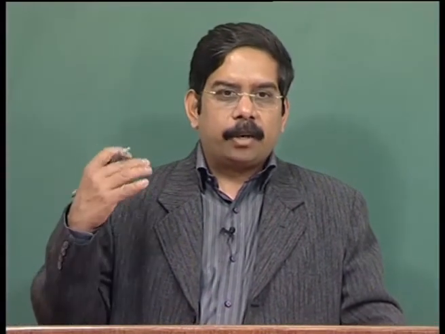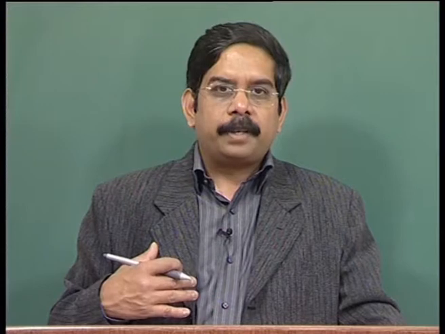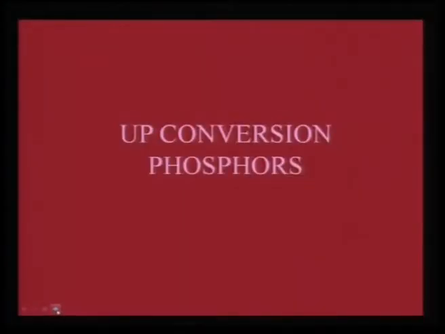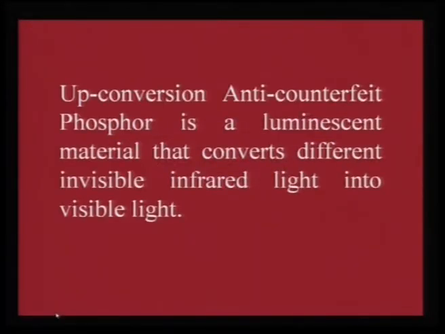This is actually the Stokes law or Stokes lines, which we have learnt from spectroscopy, but up conversion phosphors are actually anti-Stokes phosphors, because they take energy in the lower energy range, but they emit a higher energy emission, and therefore these up conversion phosphors are also called anti-Stokes phosphors.